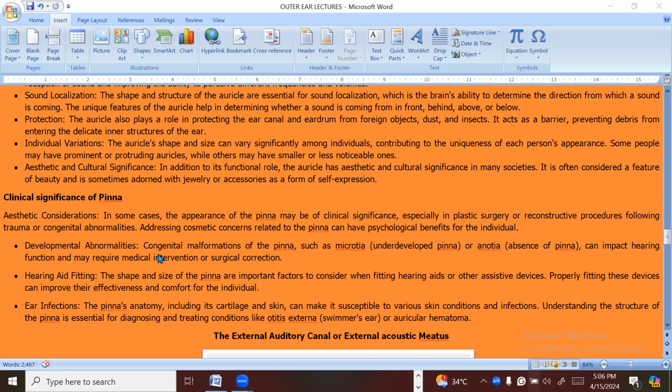We always say that the pinna plays a role in sound localization, protection and wave identification. If we don't have this basic knowledge, when someone's ear flap or pinna is not okay, we might not understand that it could be a contributing factor to the person's hearing loss. So clinically, it's relevant. We appreciate this.